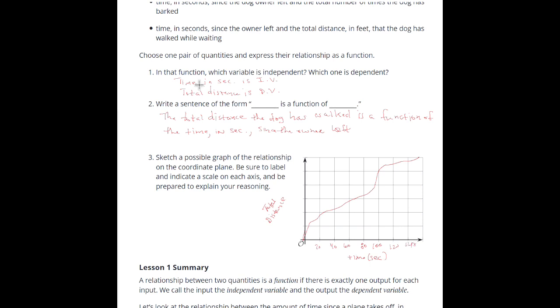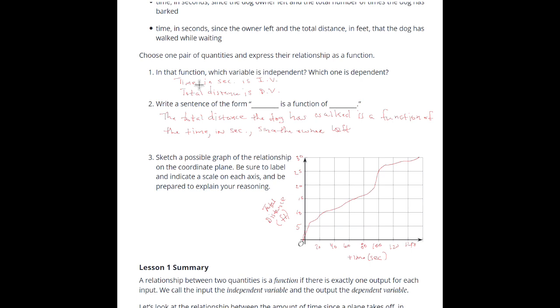Let's say 5, 10, 15, 20, 25, and 30, and I'll be a little more specific, in feet. So at 40 seconds, the dog has walked a total of like 12 feet. At 2 minutes, walked a total of around 27 feet.